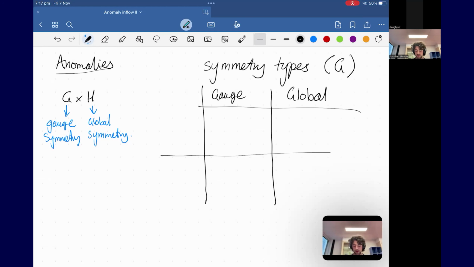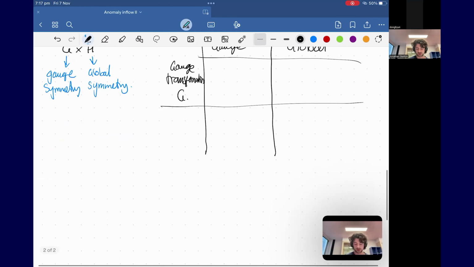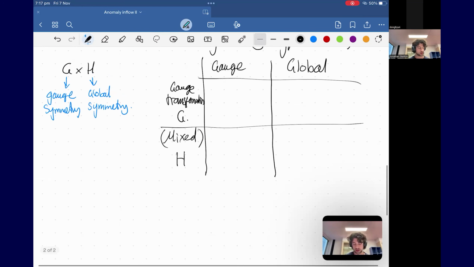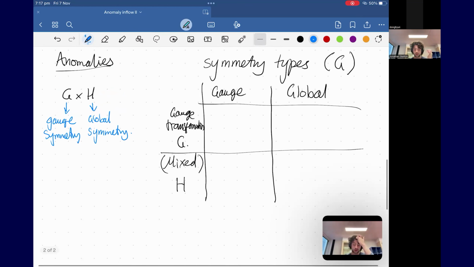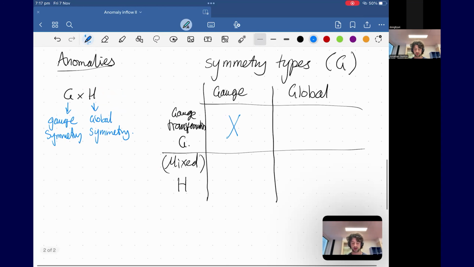We can either do a gauge transformation by G, or we could do something which we would call a mixed transformation, which would be by the global symmetry H. And when we pick up an anomaly term from the gauge transformation, this is bad because it means we have something pathological going on.